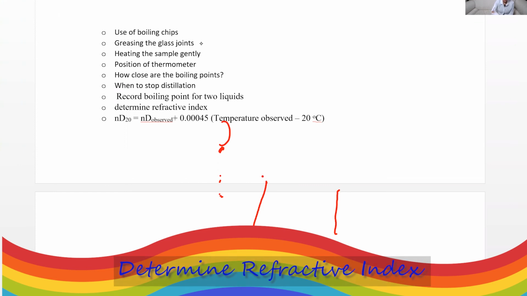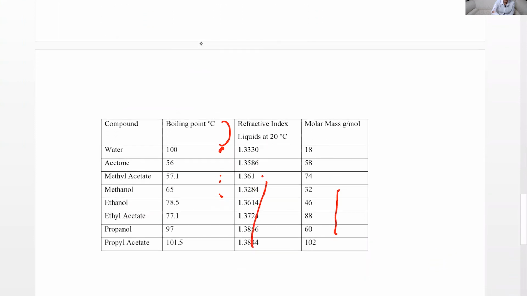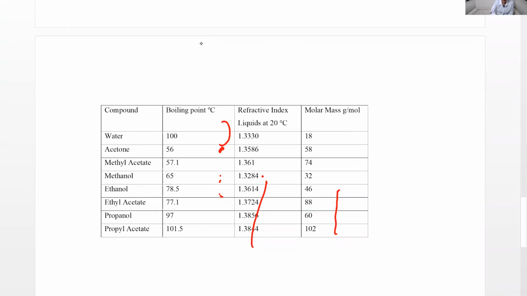You can identify the compound from the boiling point, but if you look at this table of possible compounds, you have water 100 degrees, propanol 97, propyl acetate 101. So if you get any number around 97, 98, 99, it would be hard to say which one of these compounds it is.